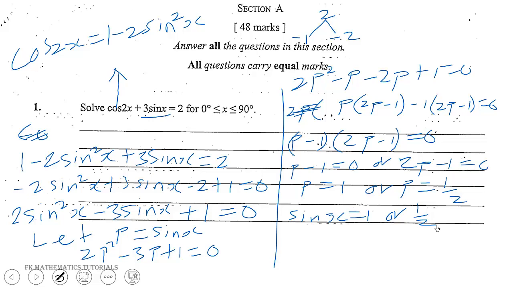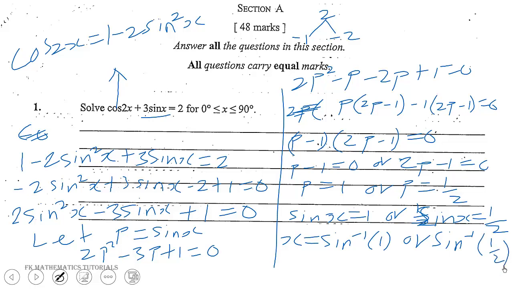When we take sine inverse of both sides, we get x is equal to sine inverse of 1 or sine inverse of 1/2. Sine inverse of 1 is 90 degrees, or sine inverse of 1/2 is 30 degrees. So x is either equal to 30 degrees or 90 degrees for the given interval.